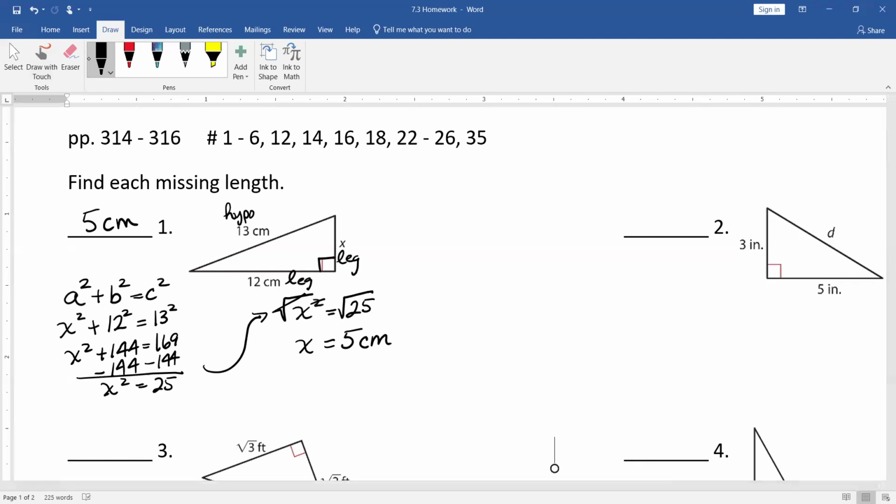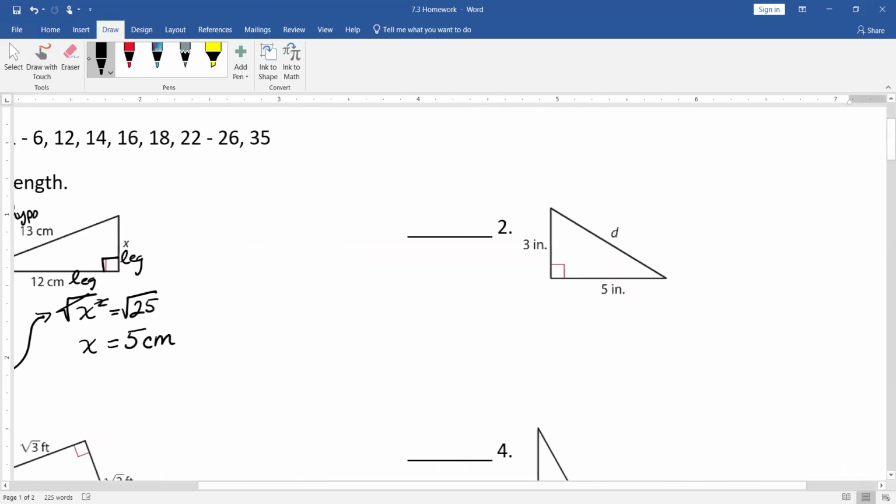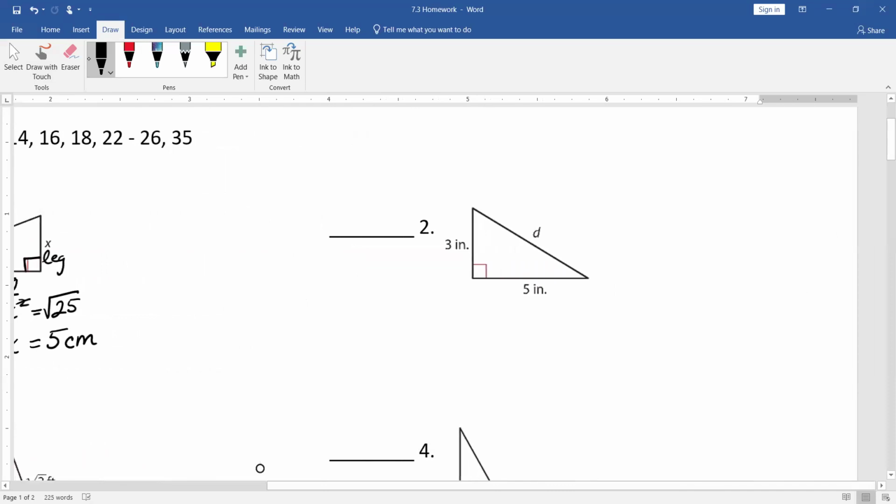Just an easy, quick review using the Pythagorean theorem. So let's go and move on. These kind of get more difficult as we go on. So for this next one, we have 3 inches and 5 inches. Those are the two legs. So now we're finding the hypotenuse. I'm going to write it with the hypotenuse first.